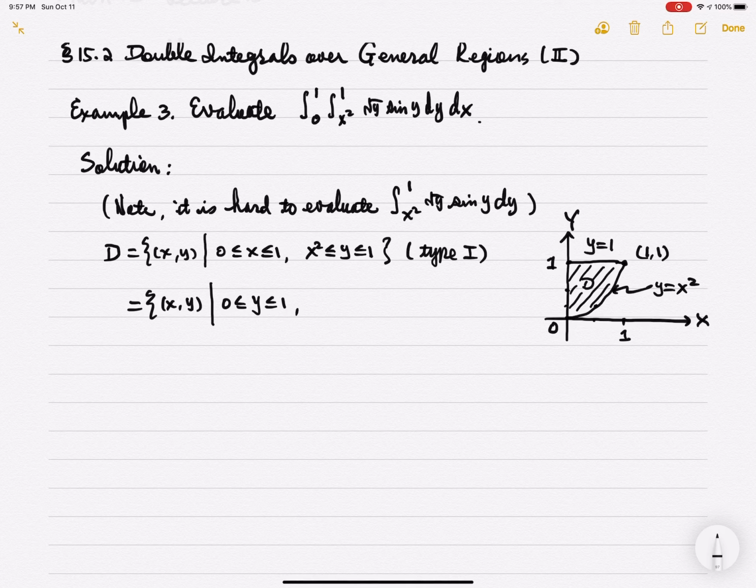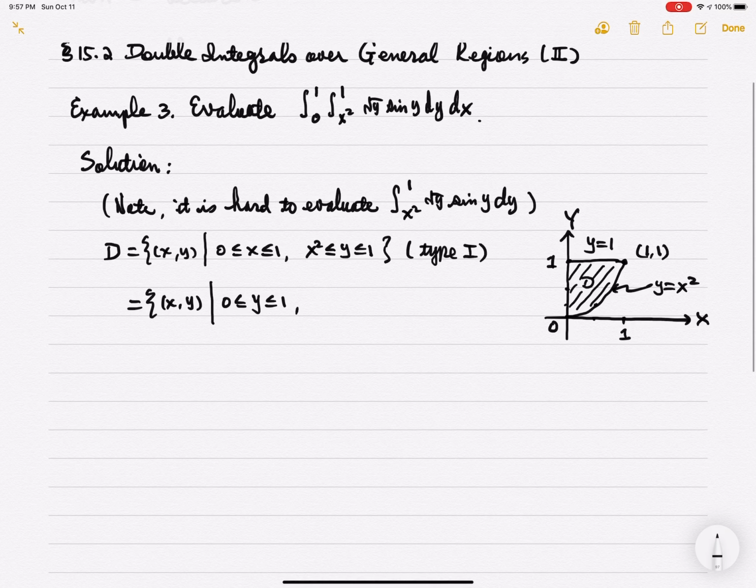You can't just say y changes from 0 to 1 and x changes from x squared to 1. That's not right. When y changes from 0 to 1, what does x change to? You need to look at the picture.